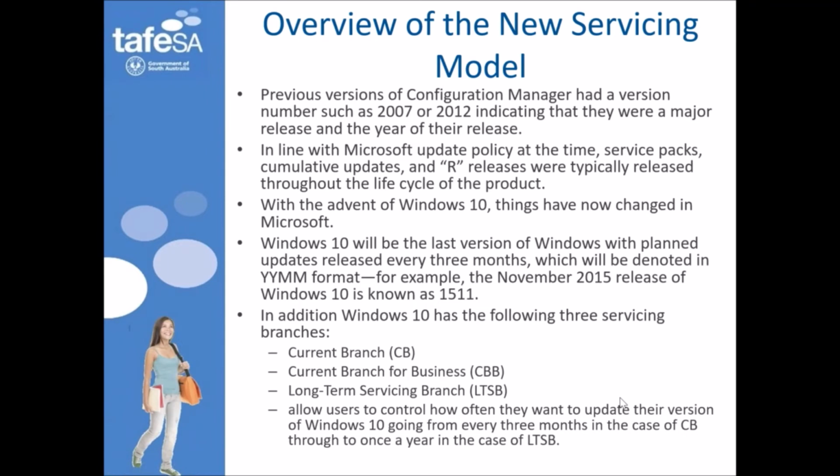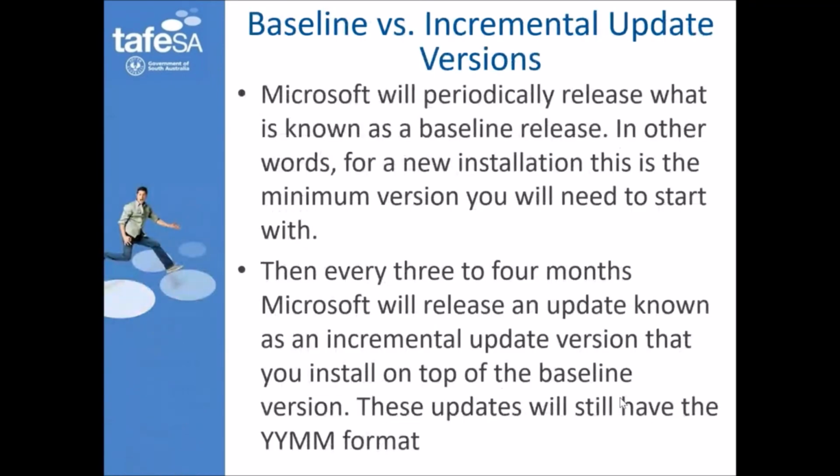But in a company, they might not want to update when it comes out. So, baseline versus incremental update version. Microsoft will periodically release what is known as a baseline release. So that's a major release. Remember that major release we talked about towards the end of last year, where it took ages to update?